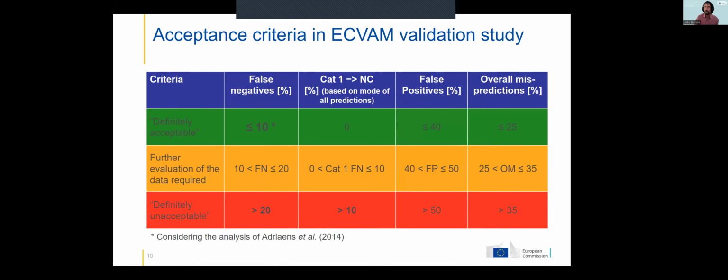Based on this analysis that we did already in 2014, when we validated the reconstructed human corneal epithelium models, EpiOcular and SkinEthic, the validation management group agreed that 10% false negatives would be definitely acceptable. And we only considered that it would be definitely unacceptable to have more than 20% false negatives.